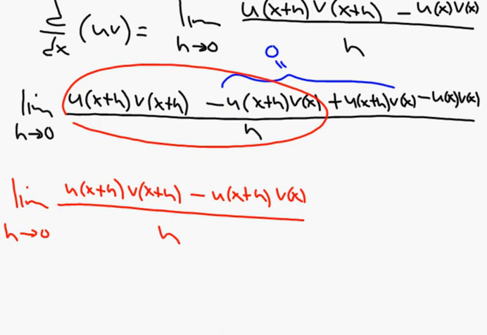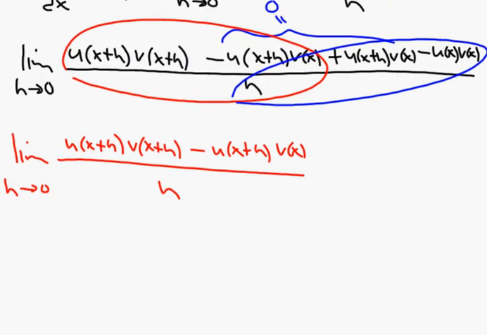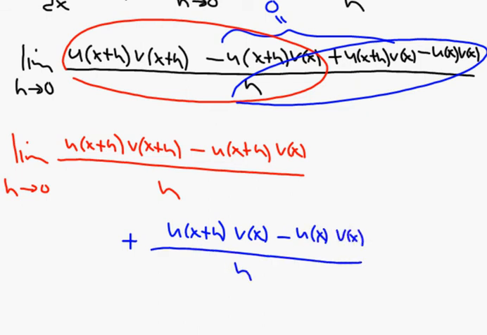So I'm sort of separating these into two fractions. And then here's the other fraction, so let's not lose that: plus u of x plus h times v of x minus u of x times v of x over h.